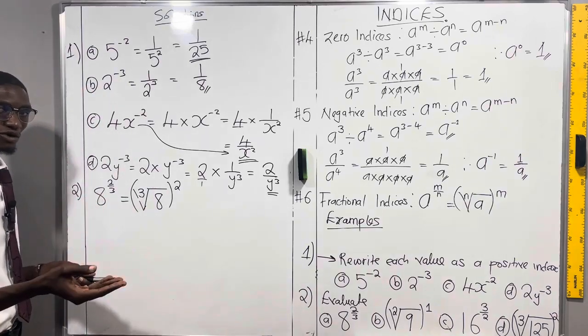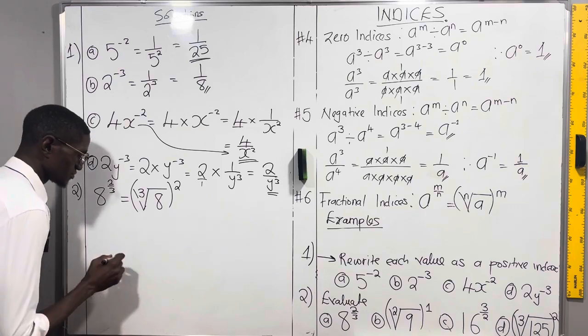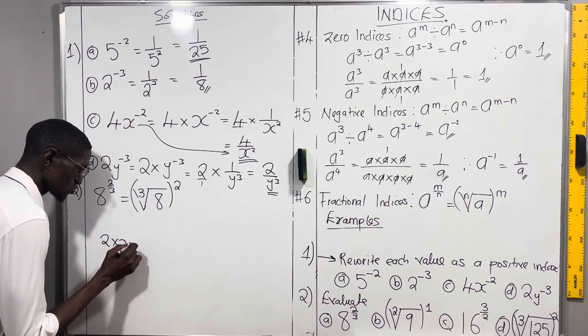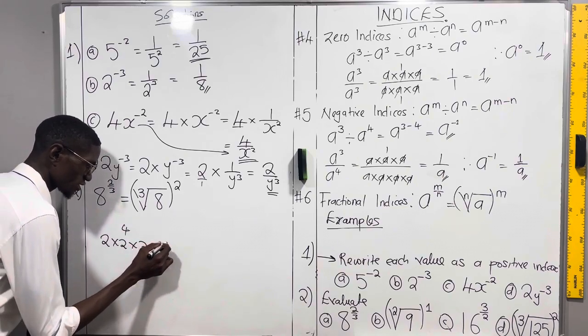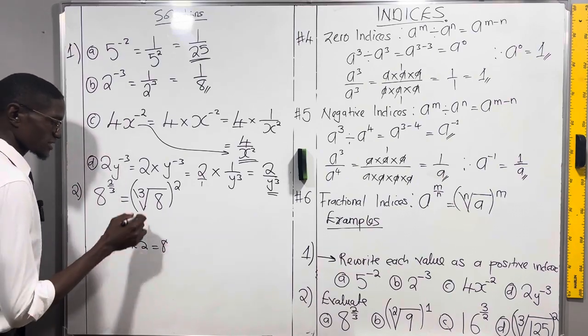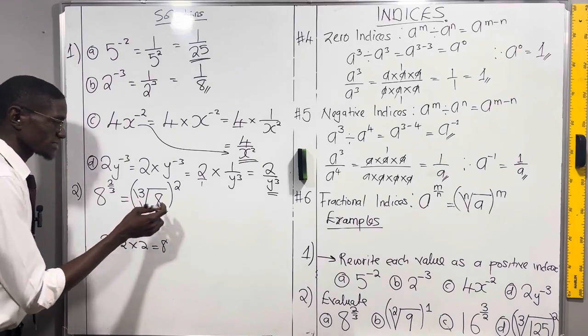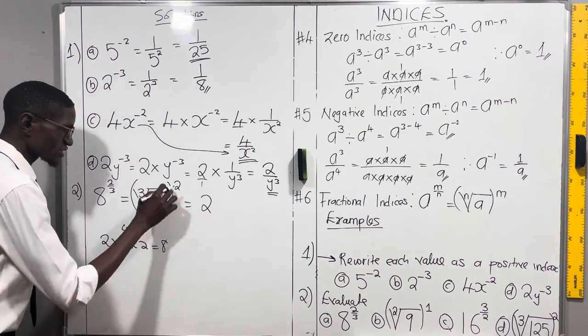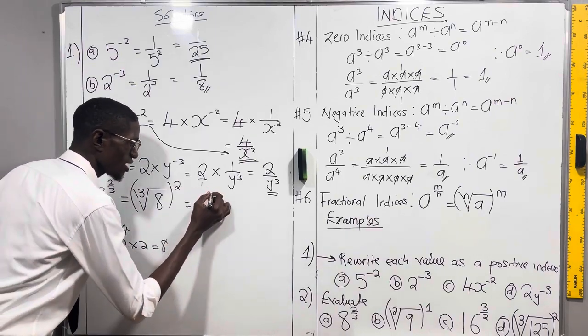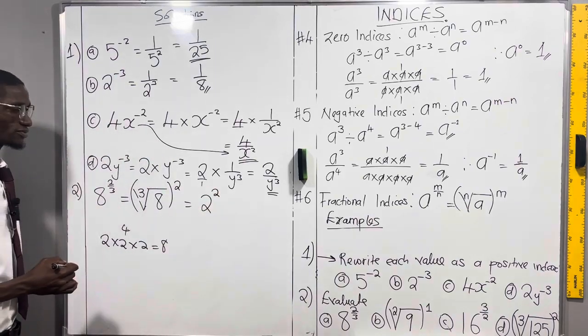Because 2 times 2 is 4, times 2 gives you 8. Like this, 2 times 2 times 2. 2 times 2 there gives us a 4. 4 times this 2 gives us 8. So meaning the cube root of 8 is going to be what? 2. So this 2 replaces everything inside the brackets, and then this power drops down to that value.